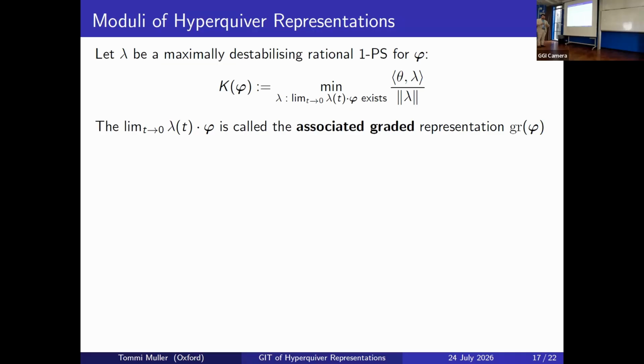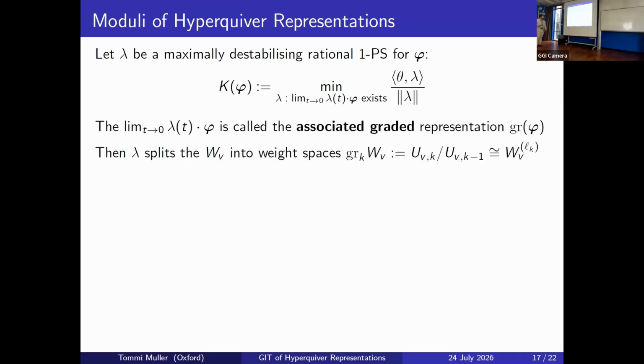And we call this point the associated graded of phi, GR phi. If we have lambda, we know that it will split the WV, the spaces of the vertices, into weight spaces, which we call GR_k WV.